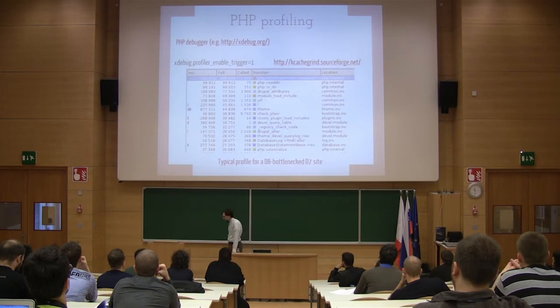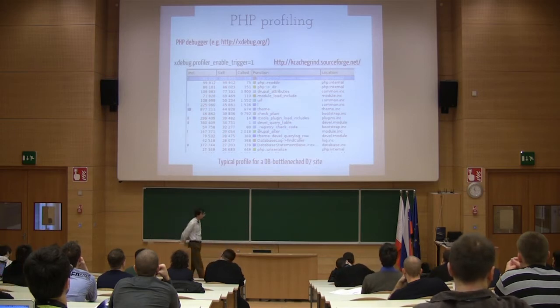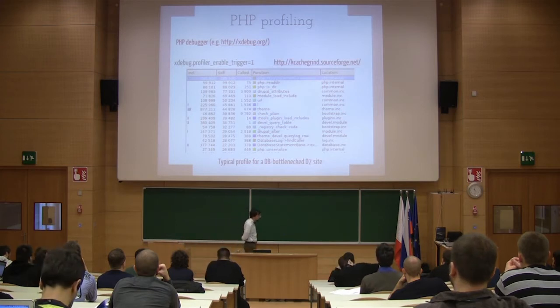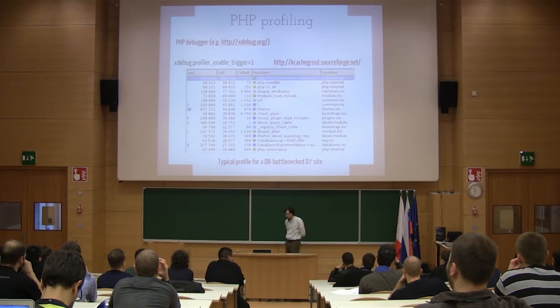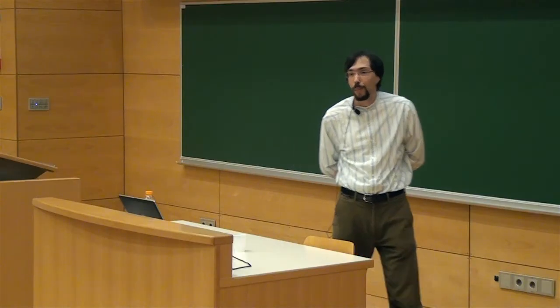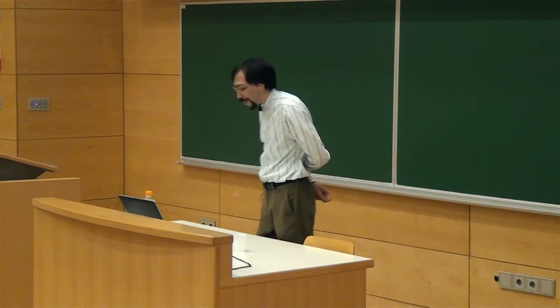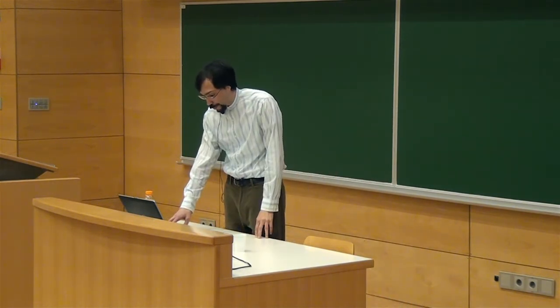And as you see, it's a typical profile for a database bottleneck at the Drupal site. Of course, often it's the database that's not fast enough for us. Yeah, and that's why we try to use as many key-value storages as possible when the performance really matters.